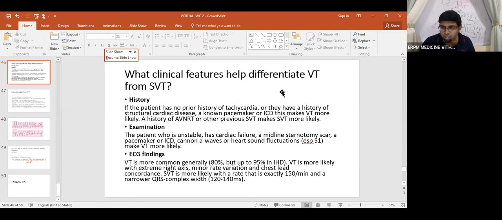A patient with heart disease, pacemaker, structural heart disease, ICD, VT is more likely.